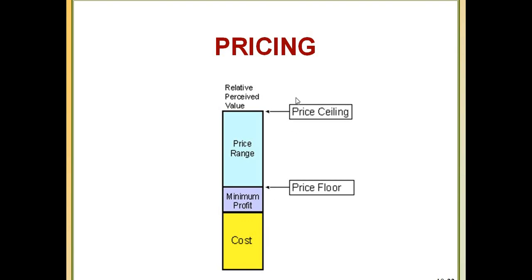But if you look at the pricing part, there's also a ceiling. You cannot go beyond the ceiling, because then nobody is going to buy your product. They will consider it the wrong price for the wrong product. So you have to operate between the price floor and price ceiling while you decide on your pricing strategy.